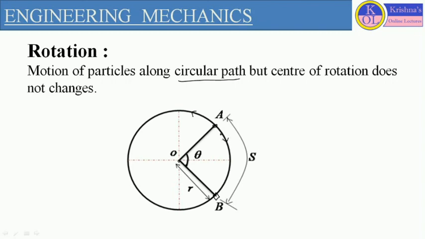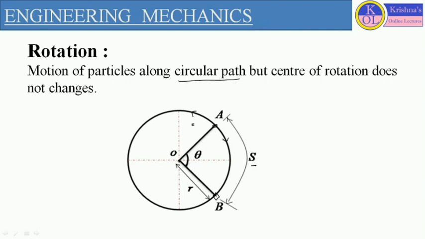This particular path is covered by the particle, and let us consider the distance as S. The distance from the center to point A and from the center to point B will be the same.